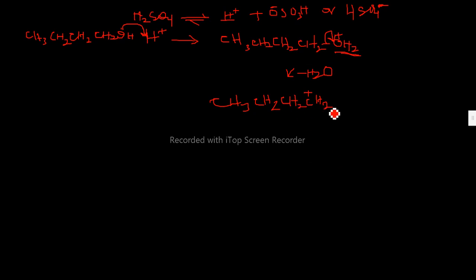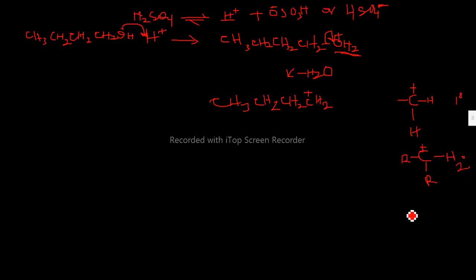Why is it a primary carbocation? I told you, if the carbon with a charge is surrounded by simply hydrogen and hydrogen, with one alkyl group, then that's a primary carbocation. If the carbon with the positive charge is surrounded by hydrogen, an alkyl group and another alkyl group, then this becomes a secondary carbocation.